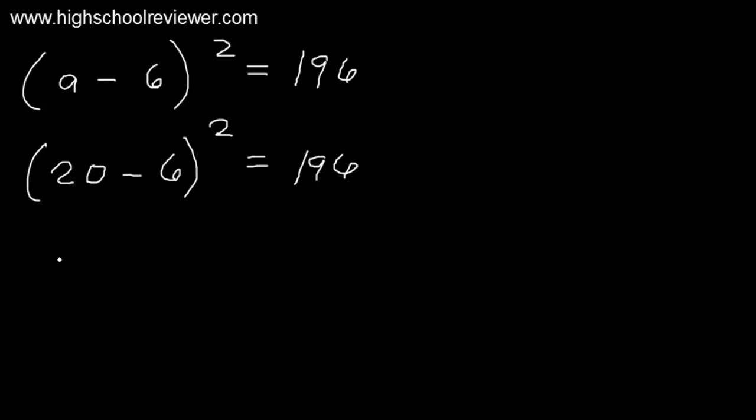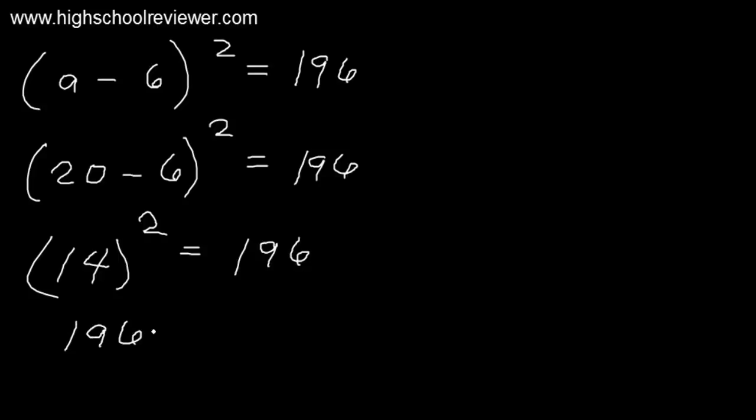So 20 minus 6 is 14. And 14 raised to the power of 2, that will give us positive 196. So our positive 20 is correct.